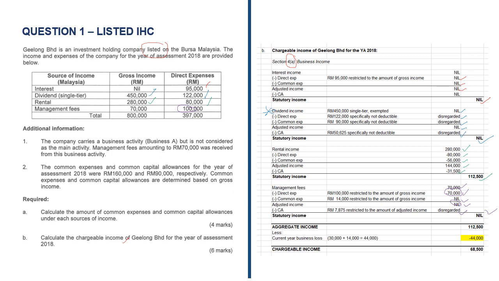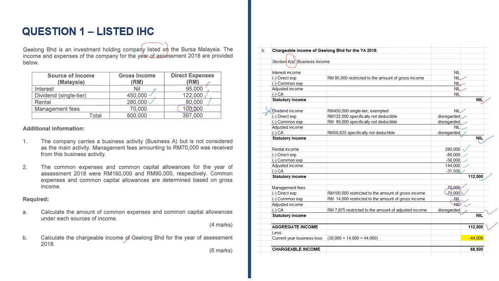Last kali kita nak tengok tambah semua. Interest nil, tambah dividend nil, tambah statutory rental 112,500, tambah statutory management fee nil. So, we have aggregate income sebanyak 112,500 minus current year business loss.